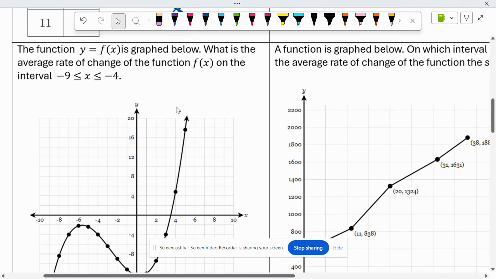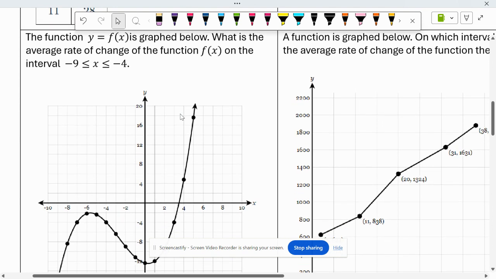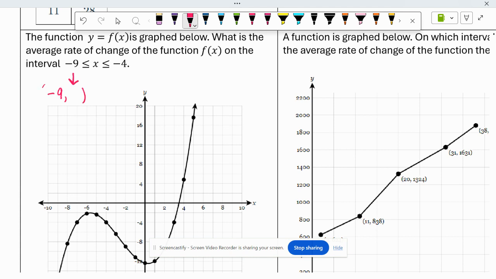So it says the function y equals f of x is graphed below. What is the average rate of change of the function f of x on the interval -9 is less than or equal to x is less than or equal to -4? This is the same thing as saying, hey, when x is -9, what is y?